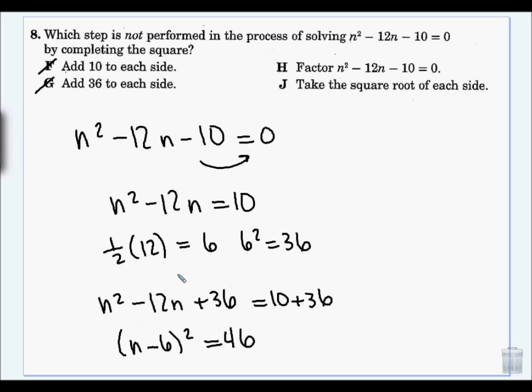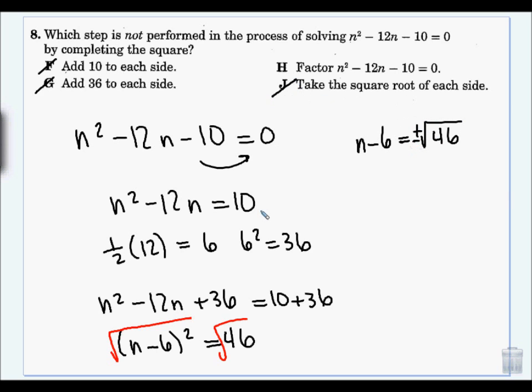Then we factor this, and we get n minus 6 squared is equal to 46, and then to solve it, we take the square root of both sides, and we get n minus 6 is equal to plus or minus the square root of 46.